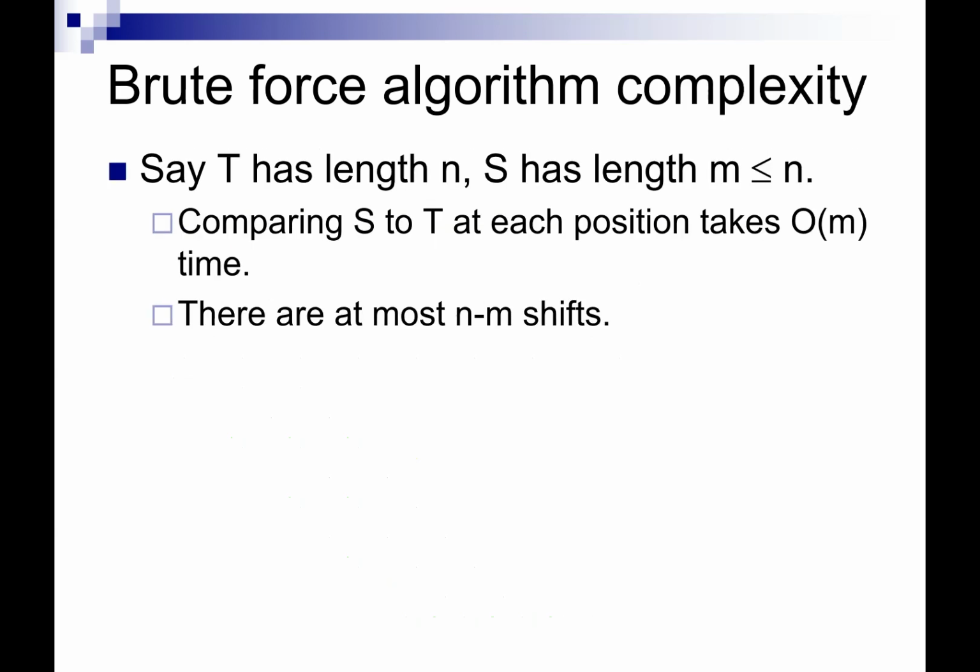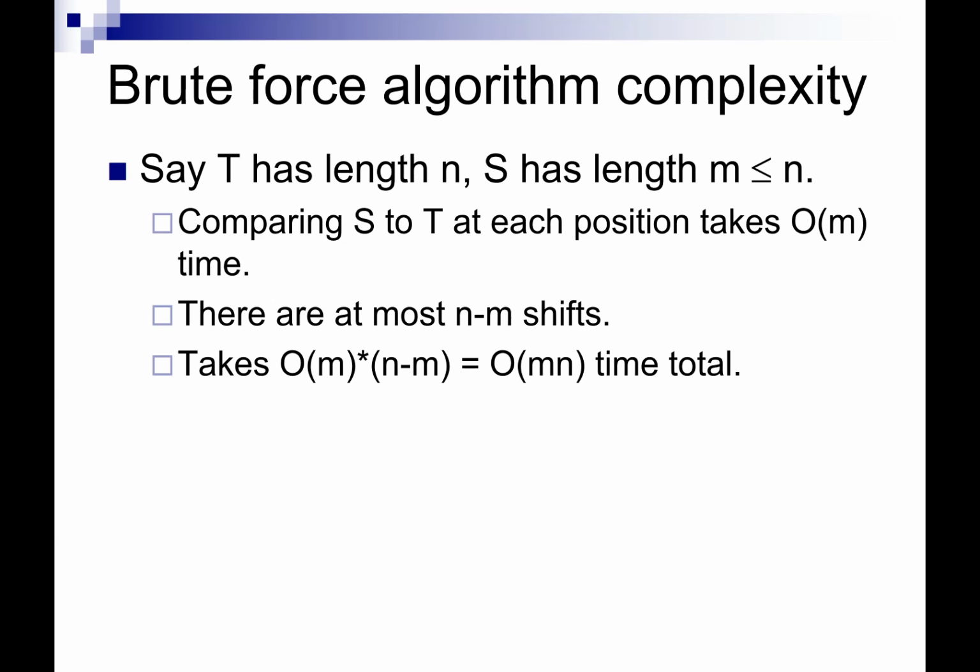Then in total, there are n minus m potential locations in T where we need to try to find a match. So the total number of shifts is n minus m, and therefore the total running time for the previous algorithm is order m at each shift location times n minus m shifts. So that's going to be order m times n in total.